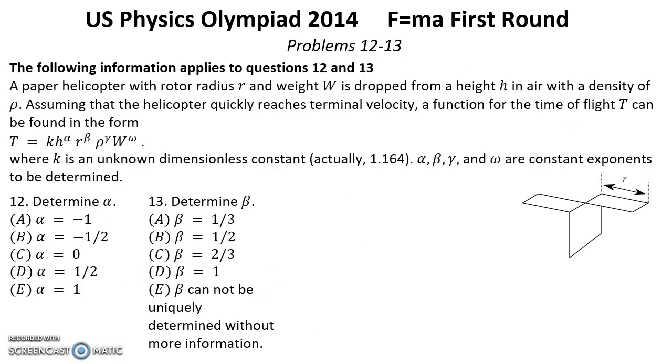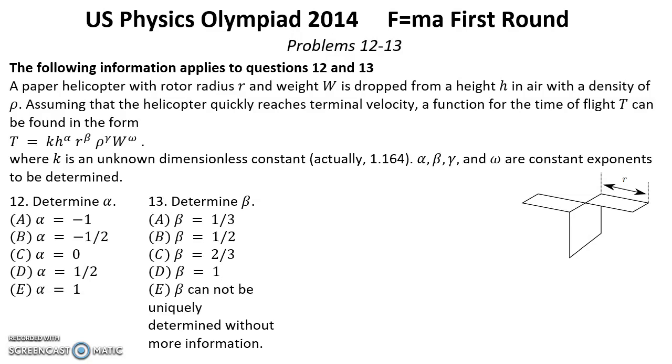Problems 12 and 13. The following information applies to questions 12 and 13. A paper helicopter with a rotor radius r and weight w is dropped from a height h in air with a density of ρ.